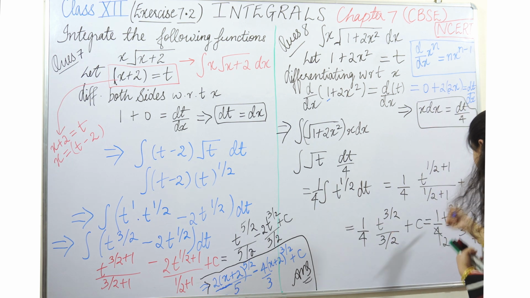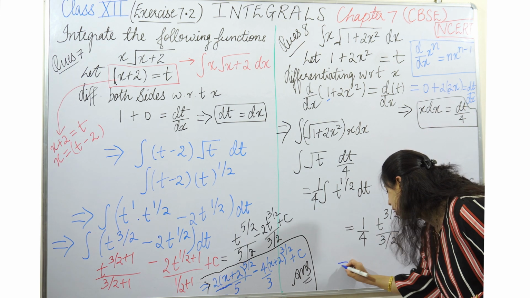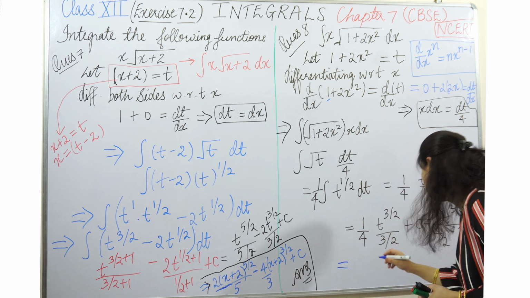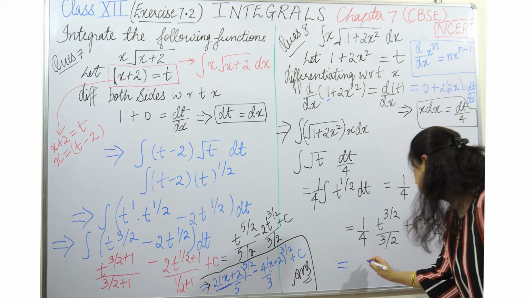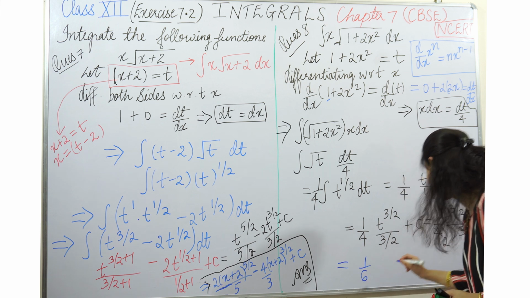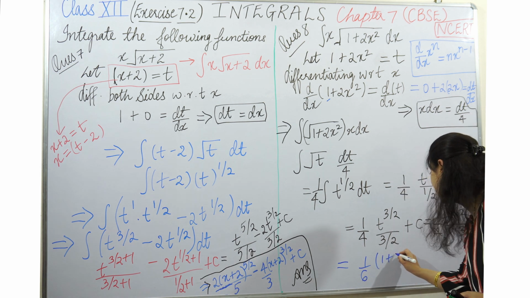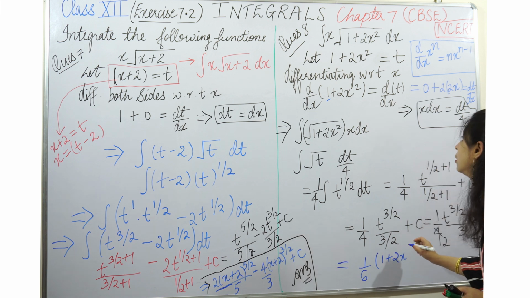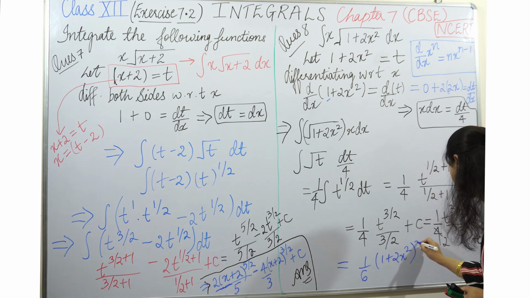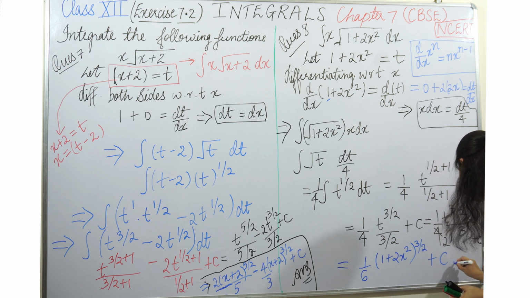So let us resubstitute it back. 3 twos are 6, so it will become 1 by 6, and in the place of t we substitute 1 plus 2x square to the power 3 by 2 plus c as our answer.